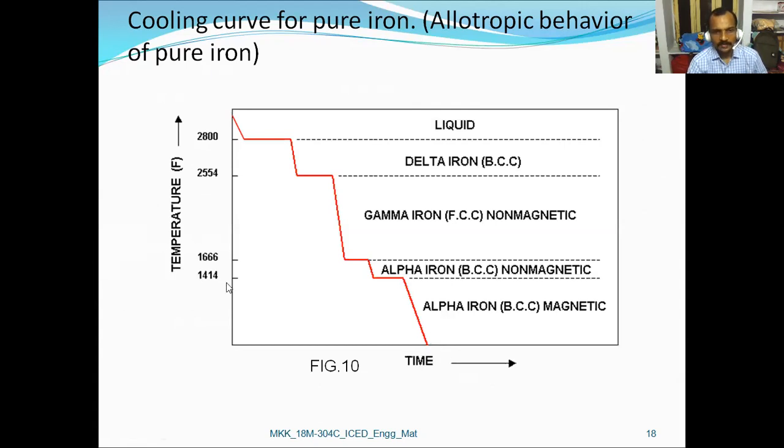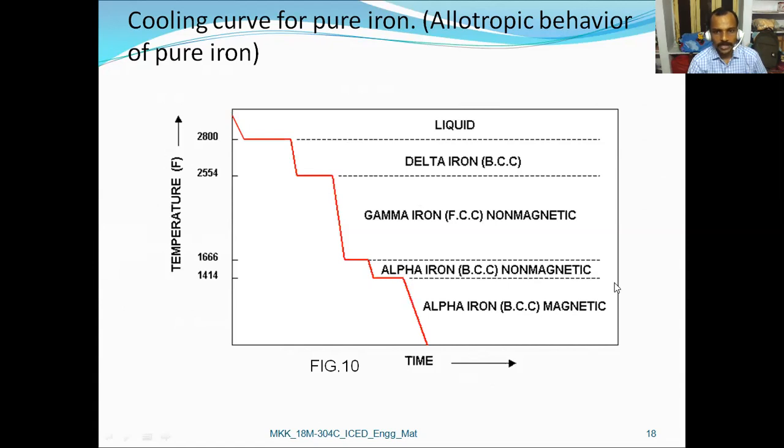Coming to the times, first at 1414 degrees Fahrenheit, the alpha iron BCC magnetic, this particular alpha iron body centered cubic structure, changes to alpha iron but non-magnetic type.